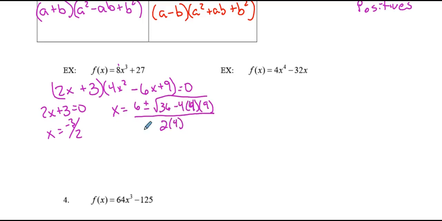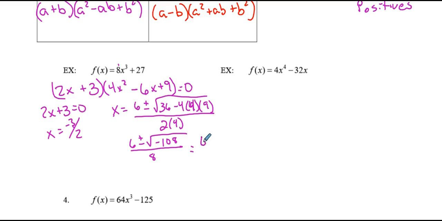So if we were to multiply this, 4 times 4 times 9 would be 144. So 6 plus or minus the square root of 36 minus 144, which is negative 108, all over 8. The square root of 108, I believe, should be 6 root 3.